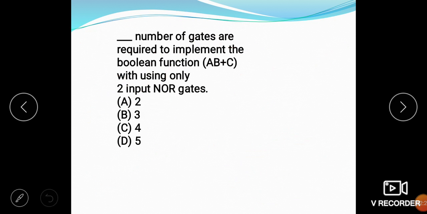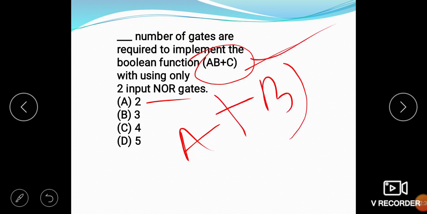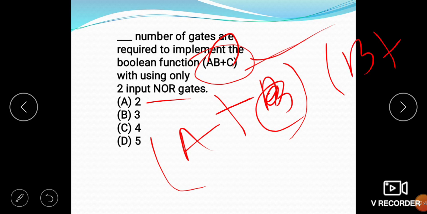So now next, here it is with the help of NOR gates. You have to design the tree. So this formula, AB plus C, is the distribution. You can break this formula with the help of distribution. That means first A goes to C, then B goes to C; it is a distribution formula.